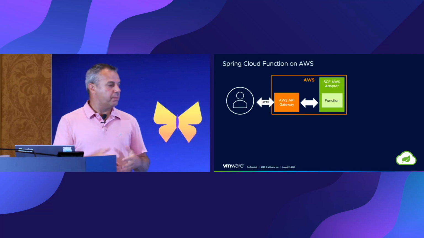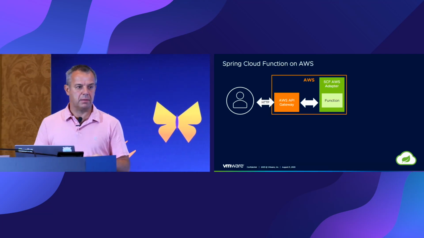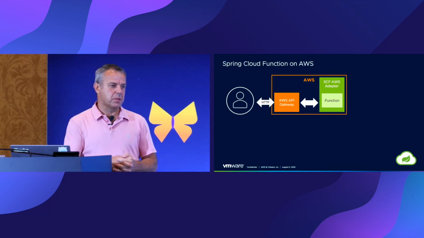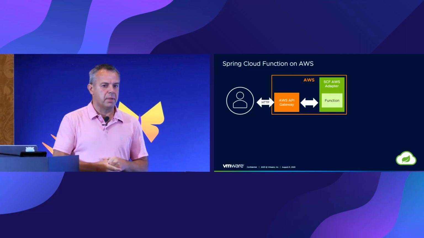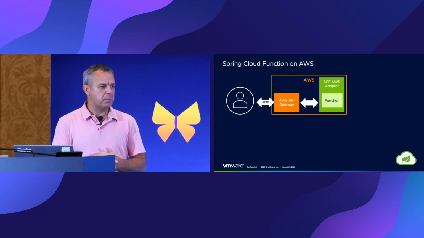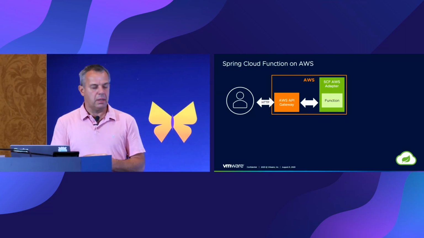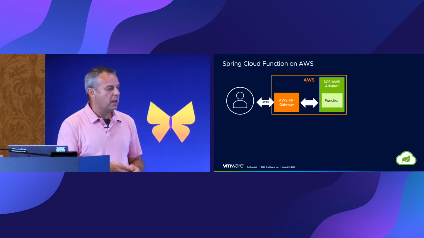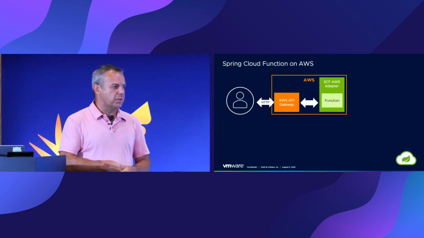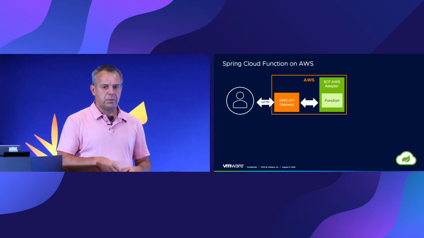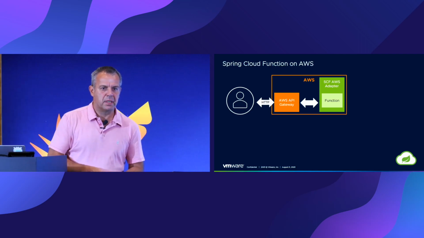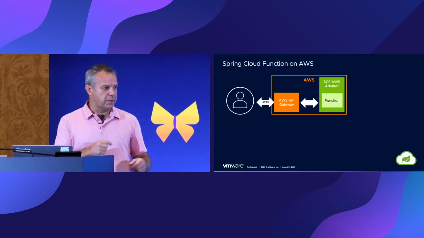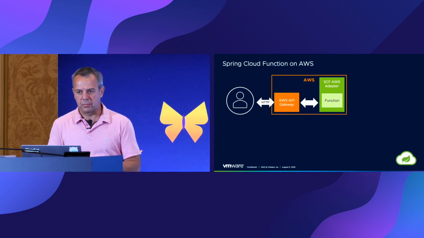So again, I provide samples for that, and my samples include the SAM template file for deployment purposes. For those of you who are using AWS already, you're familiar with SAM, which is the Serverless Application Model. It's just a nice way for developers to quickly deploy and configure various parameters. Or you can actually go through the dashboard, click, and do it the same way.